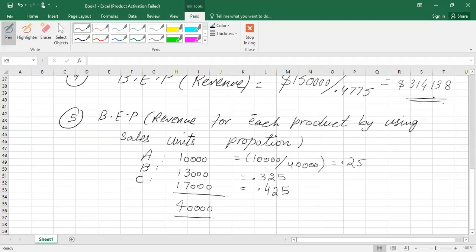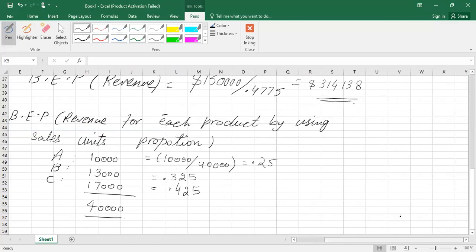Now we can divide this total break-even point revenue into these proportions to calculate break-even point revenue for A, B, and C. Total break-even point revenue is 314,138 and A has the proportion of 25%. Here 314,138 into 0.325.